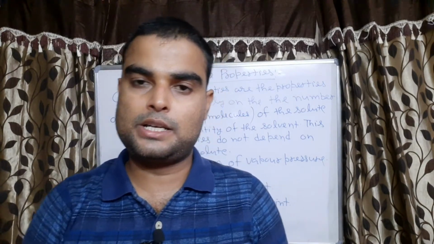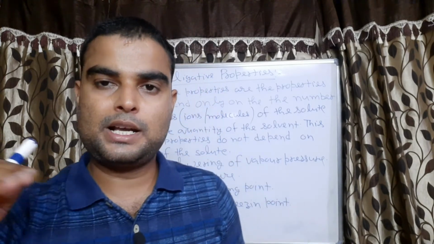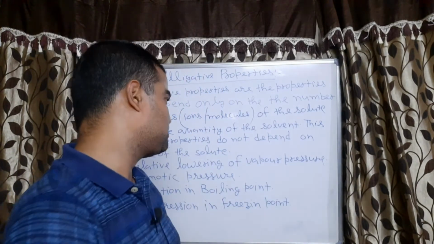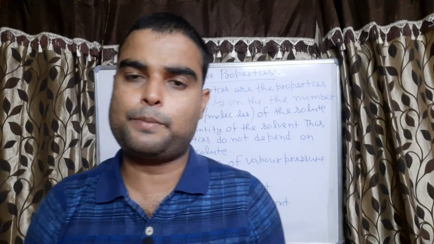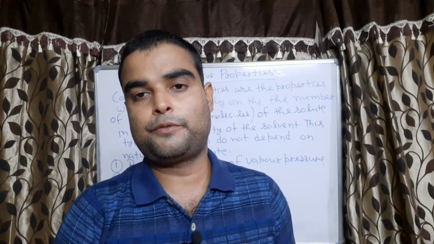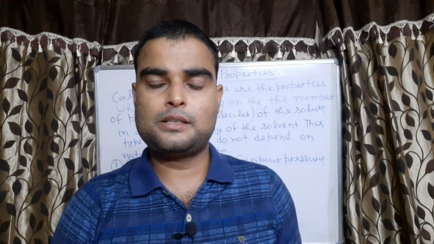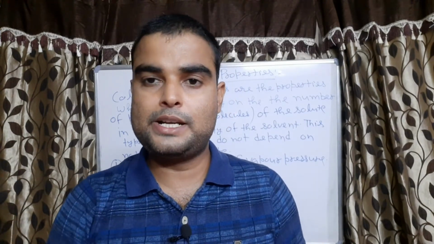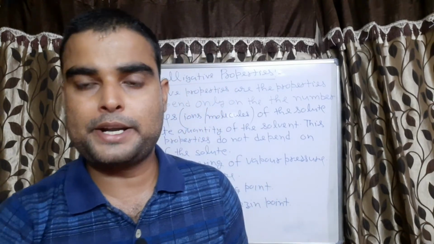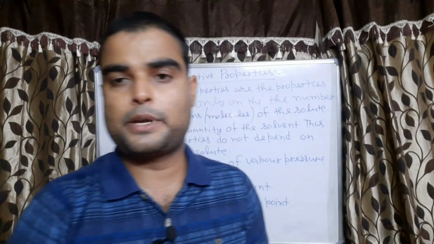As I have already discussed in the previous class in Raoult's law, when we are dissolving a non-volatile solute, it will replace some of the molecules of the solvent present on the surface, and evaporation is a surface phenomenon, correct? Since the solute is non-volatile, it will not evaporate, and it is occupying space on the surface. So actually it is blocking the space. So the number of particles of the solvent on the surface becomes less.